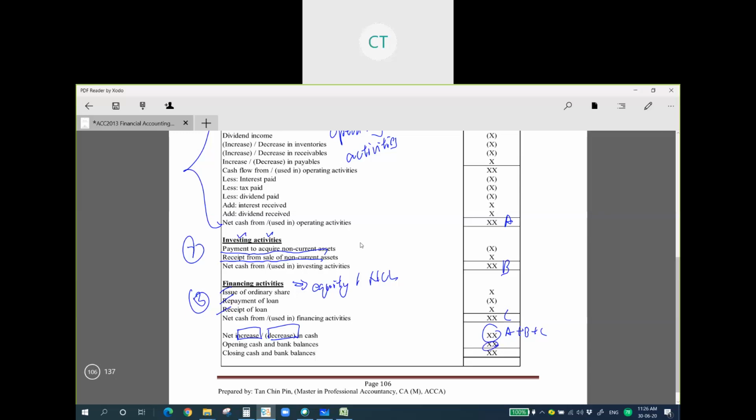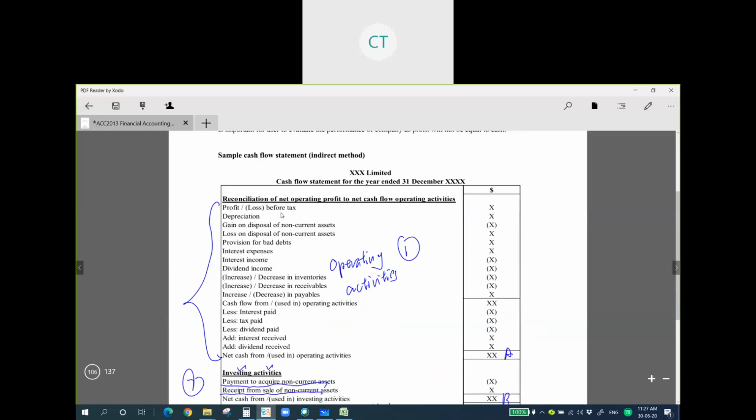So we get closing cash and bank balances. And take note that these two amounts must be net of bank overdraft. Let's say you have a bank overdraft, you have to net off these two amounts together with your cash. So this is an introduction of your cash flow statement.